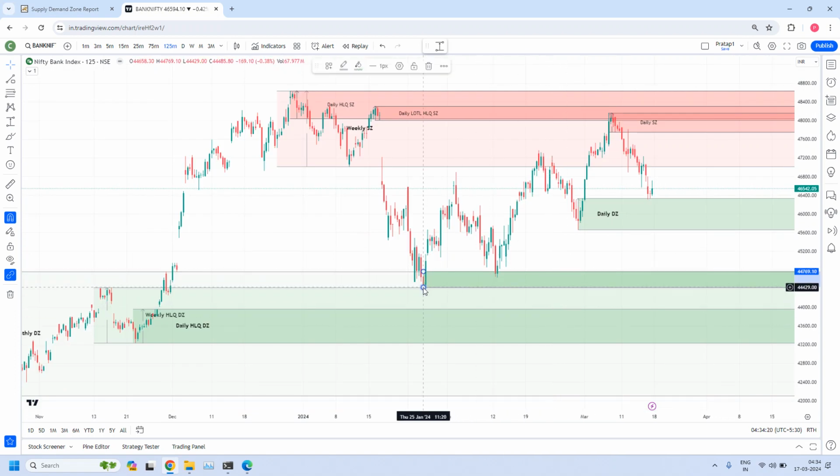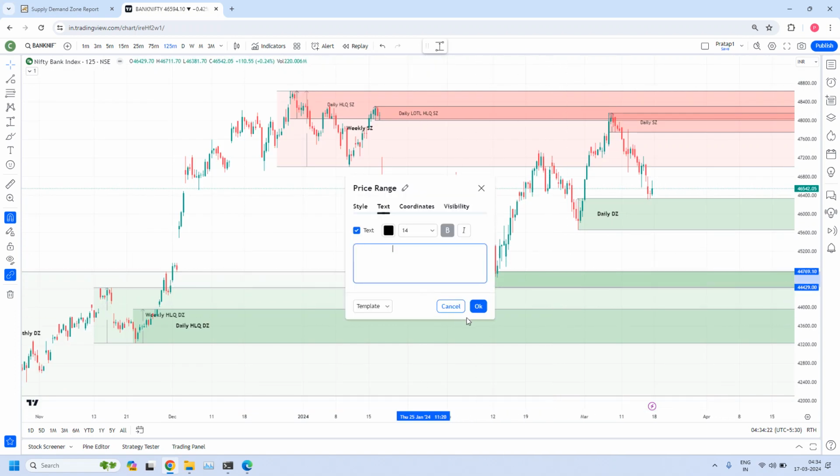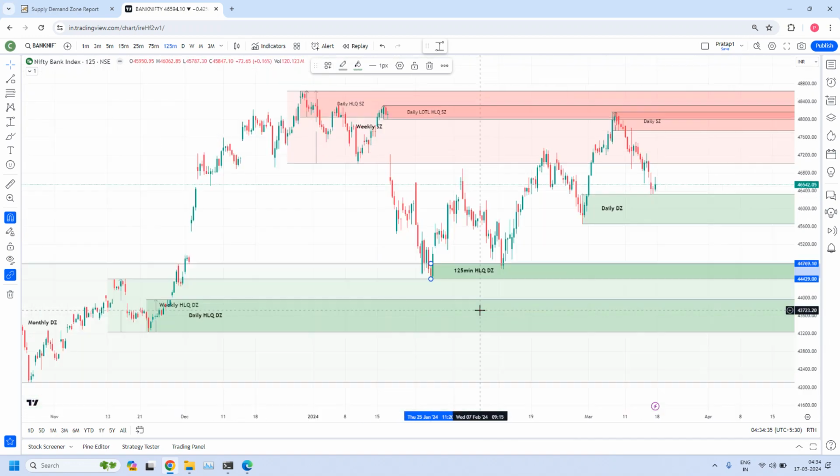So let me add the text. So this is a 125 minute high liquidity zone. Okay, we have a 125 minutes high liquidity zone, fine.